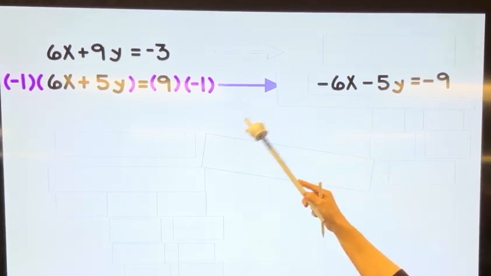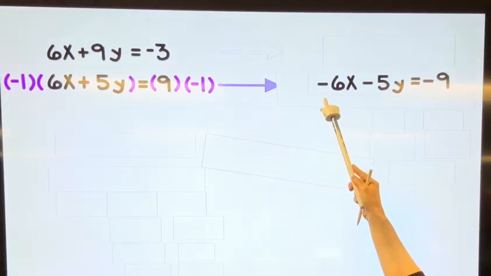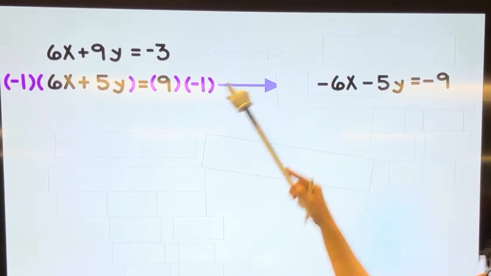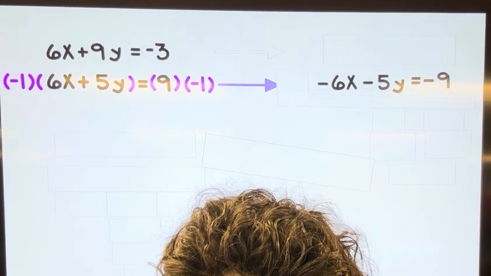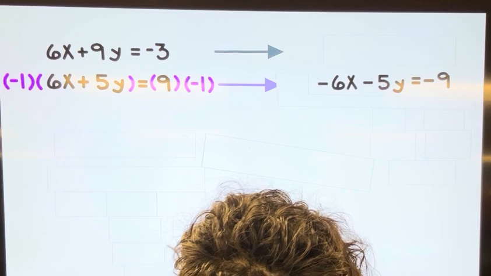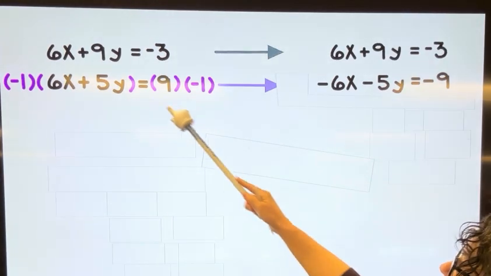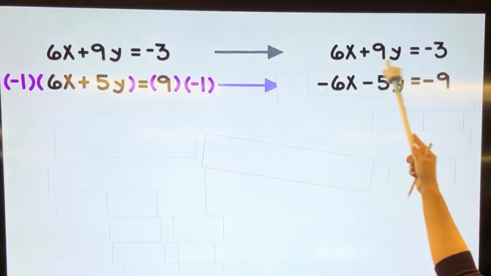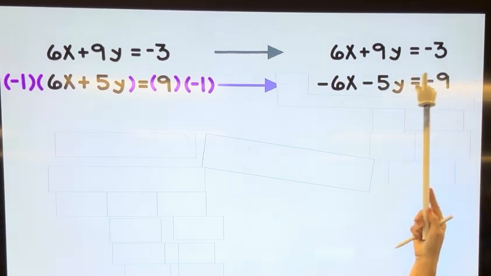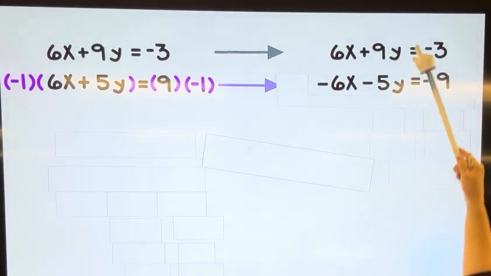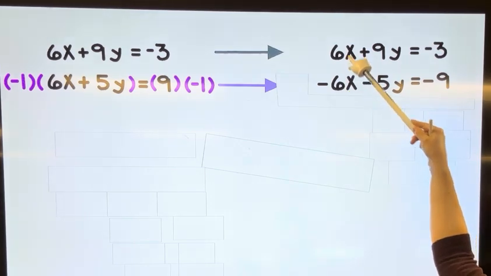Okay, guys, so far so good. We just turn that into a negative 6x. Okay, the top equation, I'm just going to bring straight across because I'm not doing anything to it. 6x plus 9y equals -3 is still the same equation. But what we've accomplished is now these are opposites.